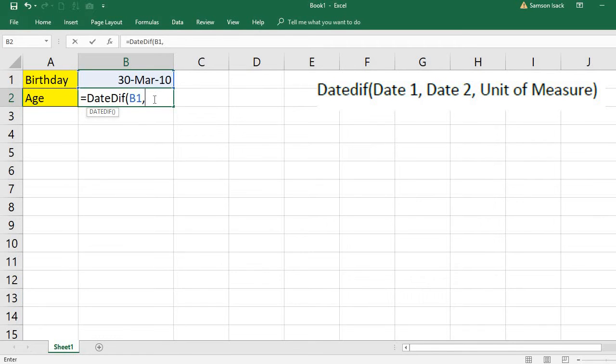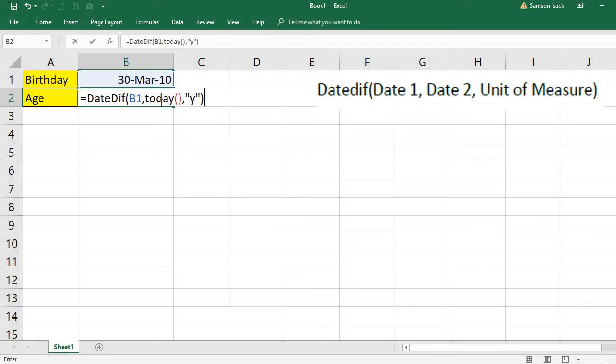Today's date is 6/11/2018 here, that means June 11th, 2018. So I just put TODAY, so you do not need to know what today's date is. You just use the function TODAY, and for the unit of measure I put y, which means give me the difference in years.